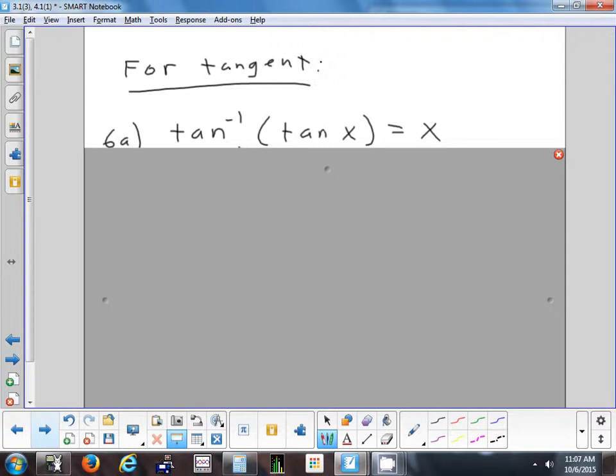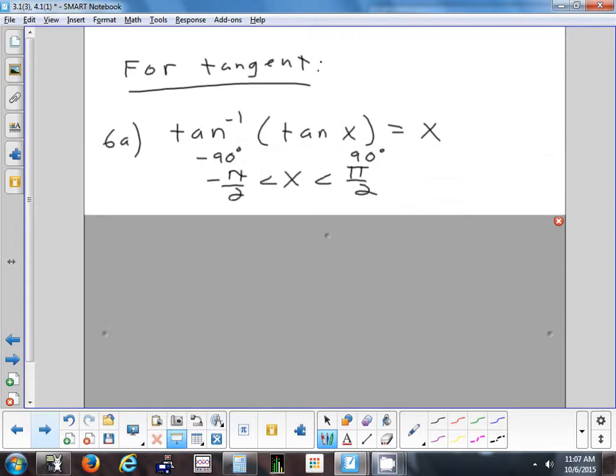And what's different between that and sine? There was no equal to. Perfect. Formula 6a, inverse tangent, regular tangent, cancel each other out. The answer you're going to get is whatever is right there, as long as that's a number between -90 and 90.